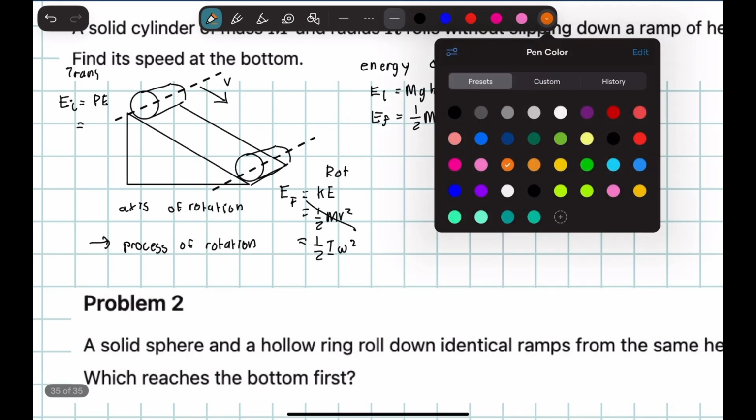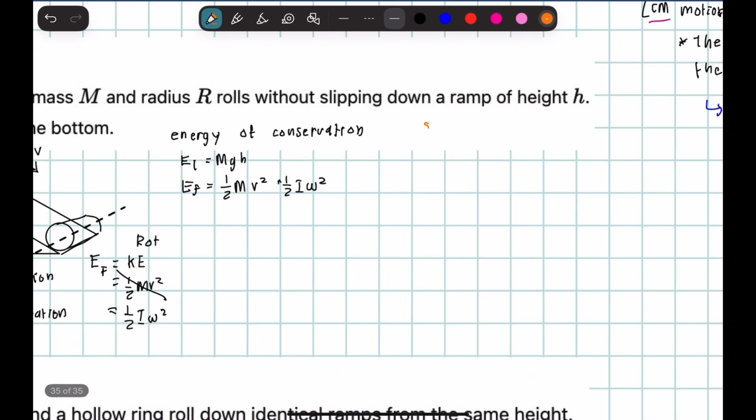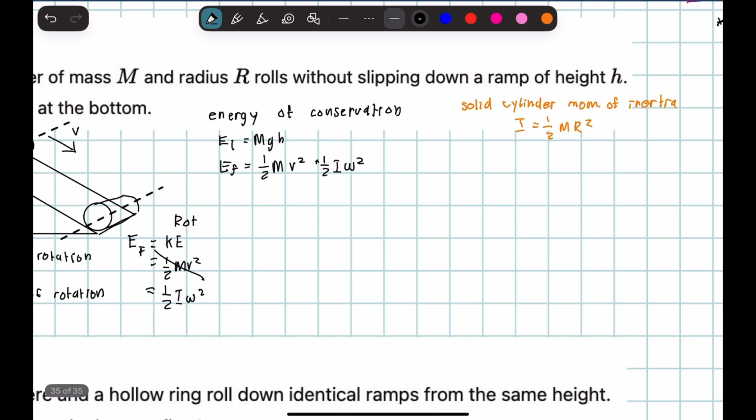And remember that for the solid cylinder, the moment of inertia formula you need to memorize is I is equal to 1/2 mr squared. We also need to remember our rolling condition.